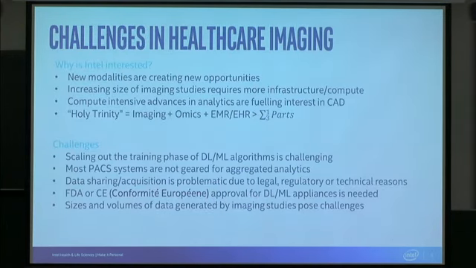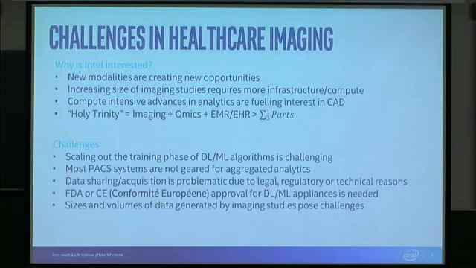So what are the challenges in healthcare imaging, and why is Intel actually interested? More data being pumped into deep learning generates more compute demand and more storage demand, and obviously here Intel plays a big role because we provide processors and also storage and so on.